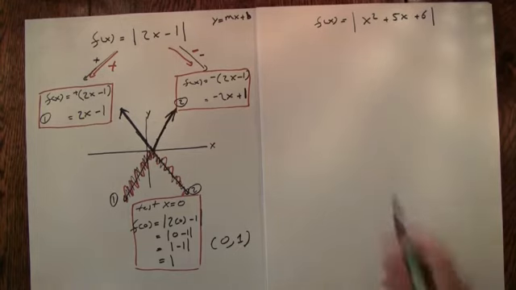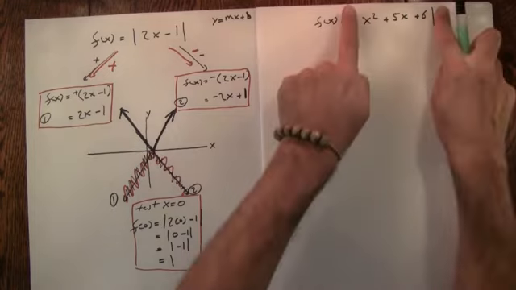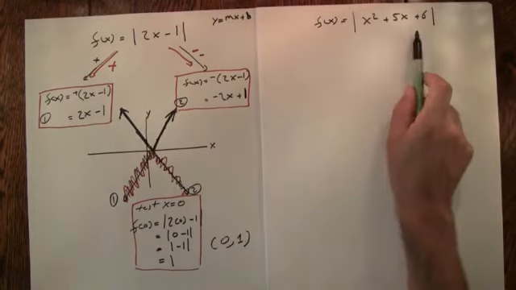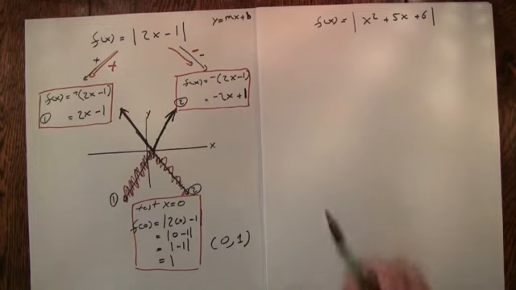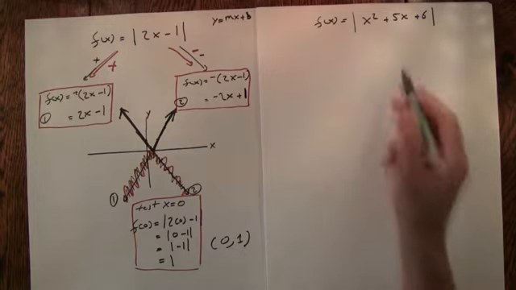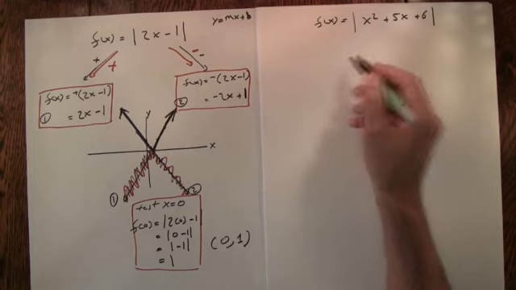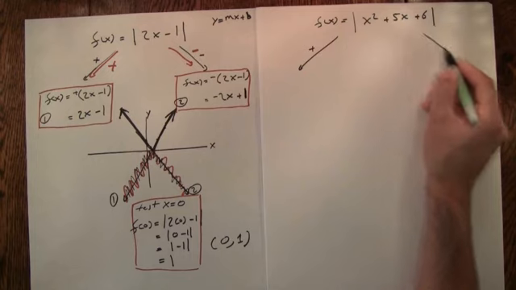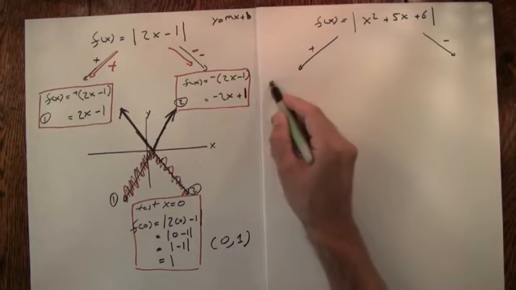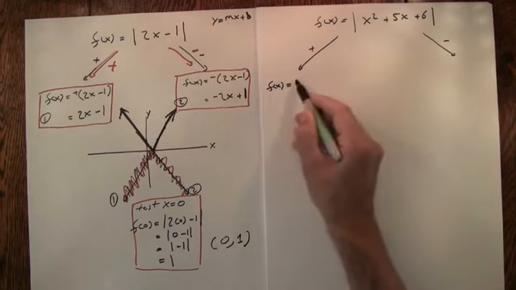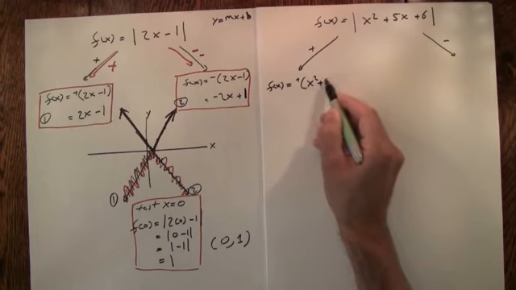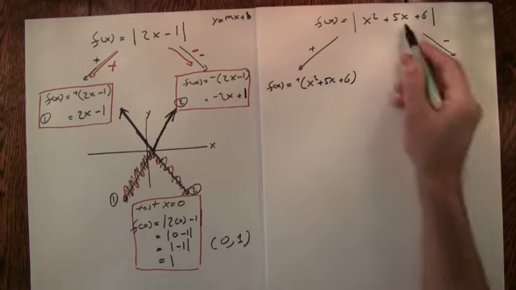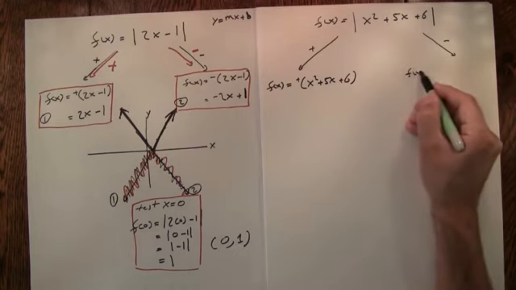Now this is a quadratic function if the absolute value symbols weren't there, right? So that's a quadratic function, and we want to graph the absolute value of a quadratic function. Now the way this function is going to look is, again, we have to take it positive and we have to take it negative. So we would take the positive of this, and we would have to take the negative of this.